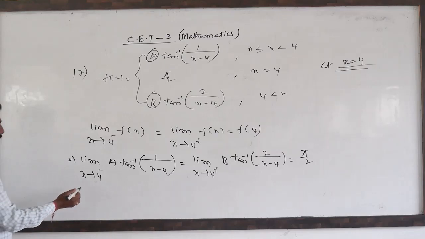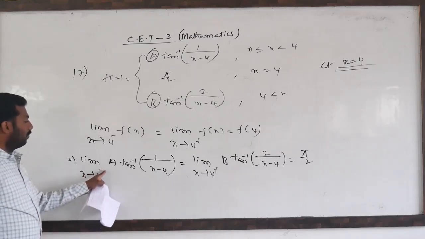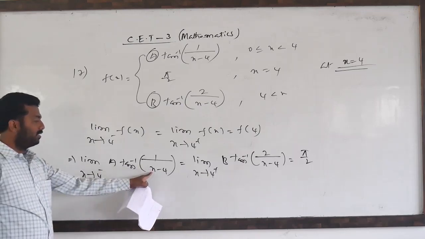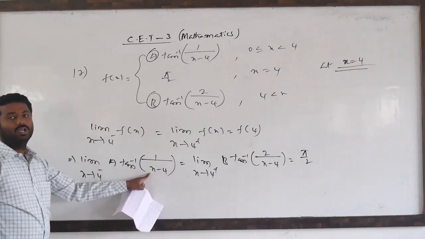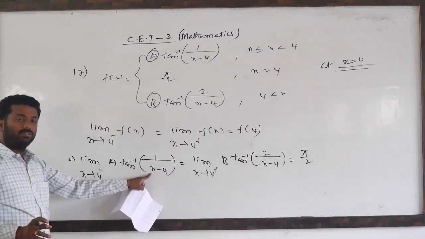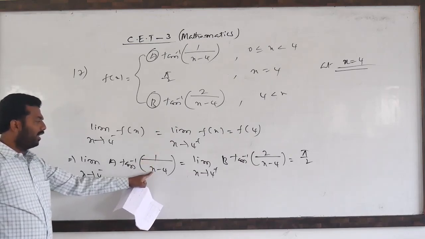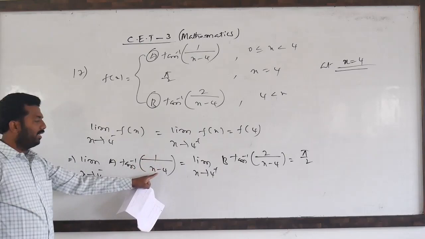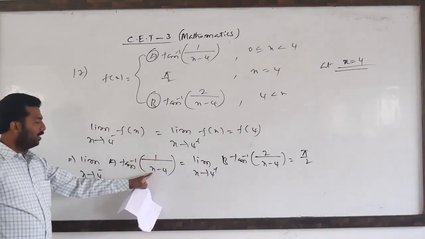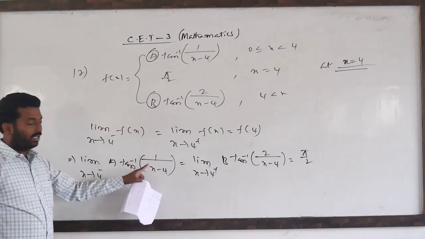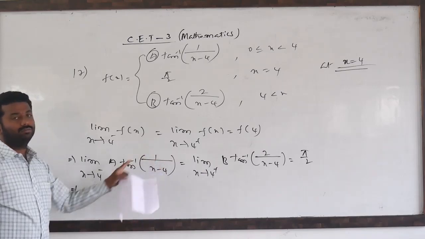Limit x tends to 4 minus means the less than 4 case, so negative will come. More than 4 means positive will come. Less than 4 means almost 3.9999, so 1 by x minus 4 goes to minus infinity, and tan inverse of it is minus 5 by 2 will come. You observe.